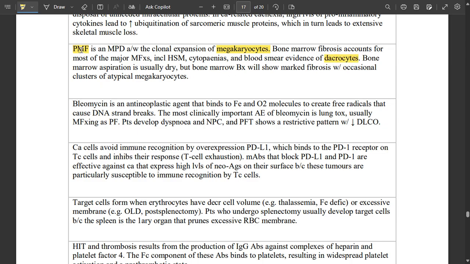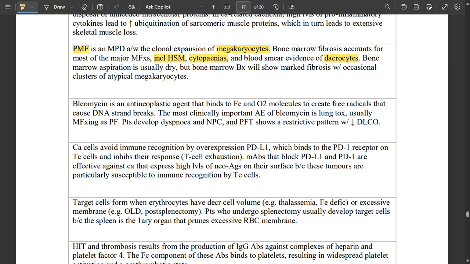So in primary myelofibrosis, myelo means bone marrow, and fibrosis means fibrosis, so fibrosis occurs in the bone marrow. Because of bone marrow fibrosis, extramedullary hematopoiesis occurs, that is hepatosplenomegaly. Cytopenia occurs because of bone marrow disruption, and the blood smear shows dacrocytes.